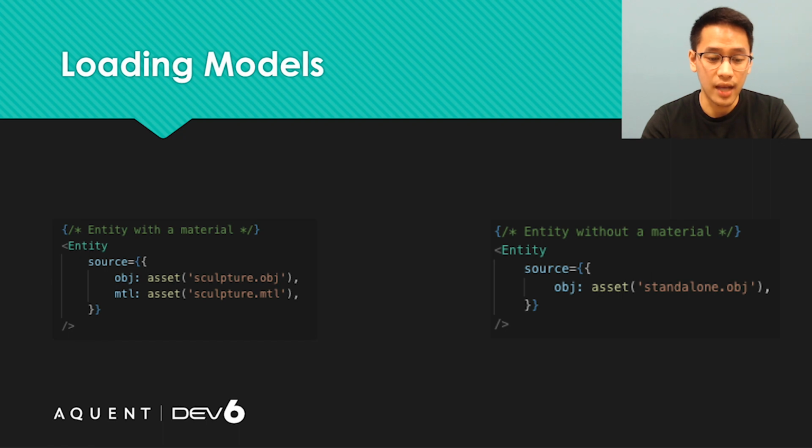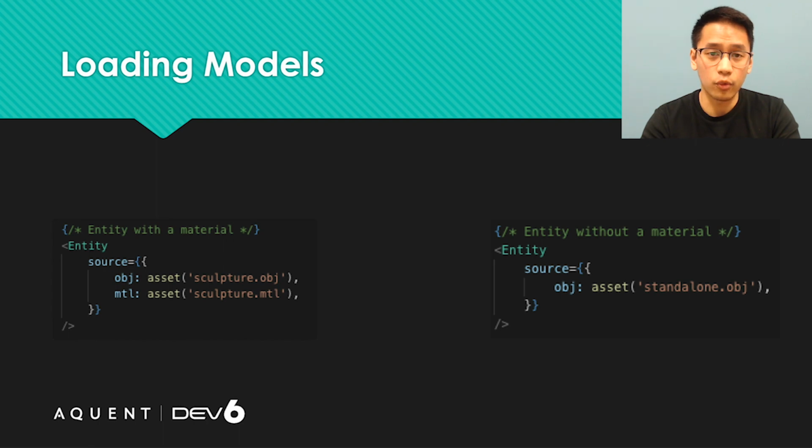And we use the asset here to actually map to the static assets folder. As I mentioned at the beginning of the video, that's where we put all the 3D models, all the images, all the videos that we need. And it's basically like a central hub for all our assets that we can refer to, and we can just use the asset here and provide the path, and it just pulls it straight from there.